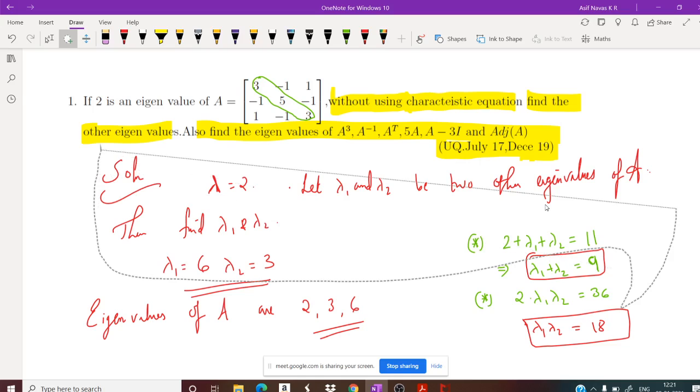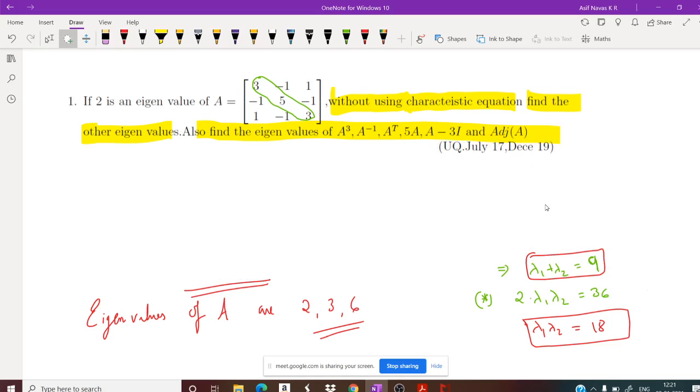Now, the next question. We have to find the eigenvalues of A cube. Eigenvalues of A are 2, 3, 6.